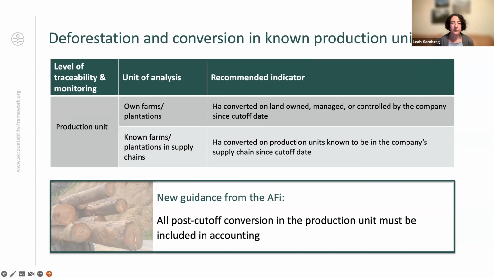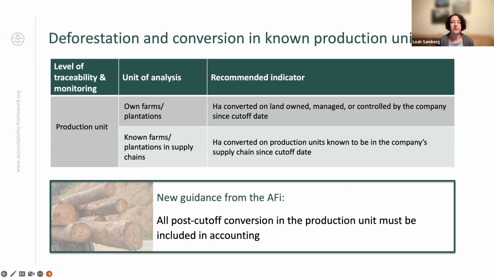So of note in this guidance is some new detail from the AFI on how to perform these calculations. We provide the recommendation that when assessing land use change at this scale, all post-cutoff date conversion in the production unit should be included, regardless of the current use of that land.